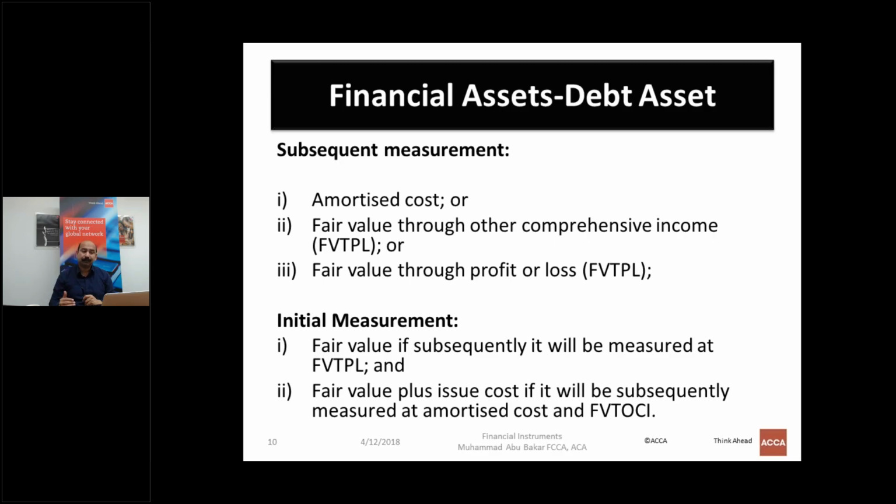And the second exception is your trade receivables, because a trade receivable is also a financial asset, a debt asset, because for the other party this is a debt. Its value will be determined using the criteria given in IFRS 15. Subsequently, of course, you will be applying IFRS 9.